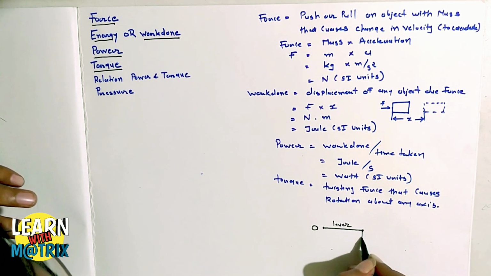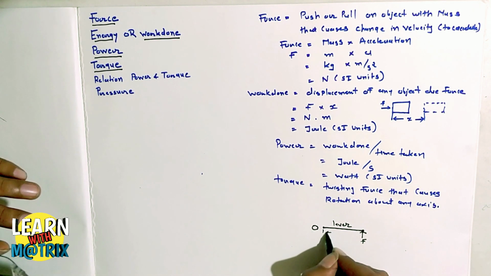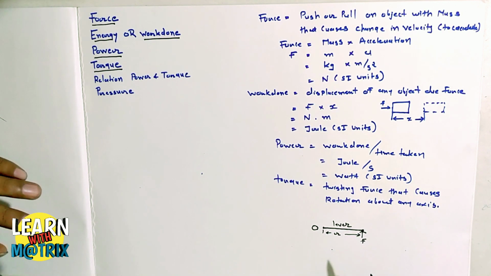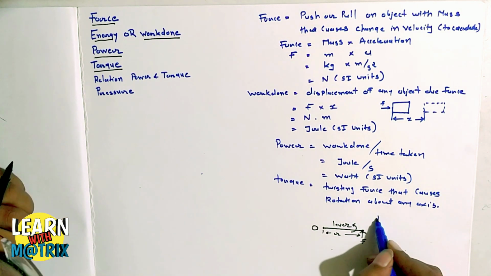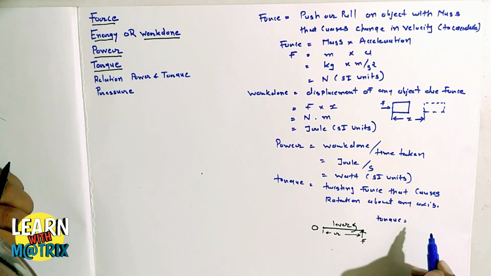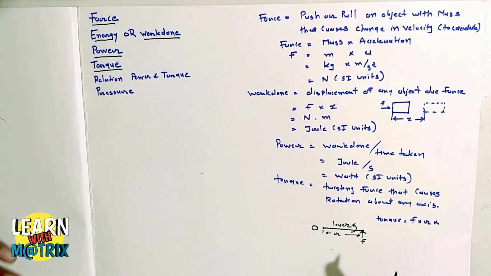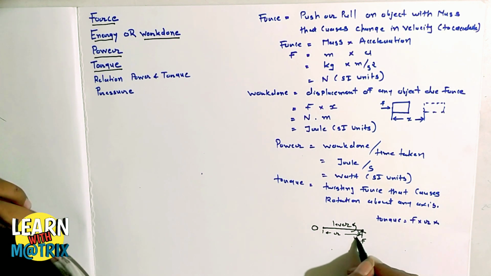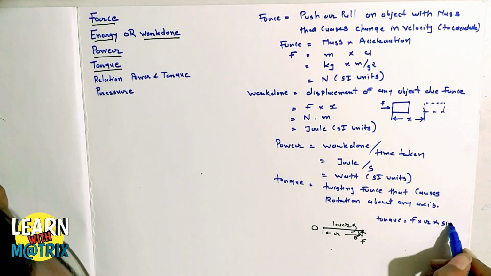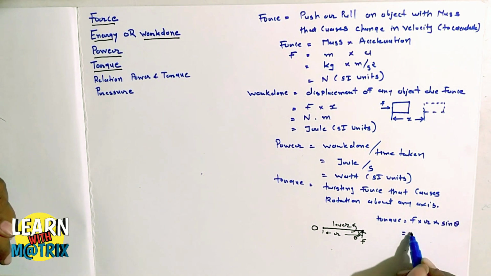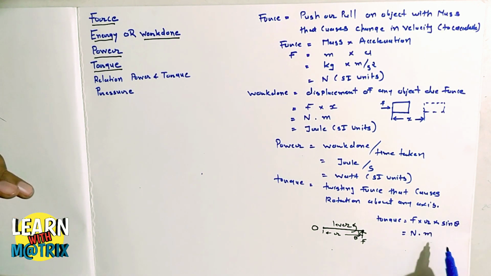If we apply force on this point of lever having a length of R, so torque on this lever, we can write, torque is equal to F into R into sin theta, where theta is the angle between force and lever. Force has a unit of Newton and lever has length in meter.